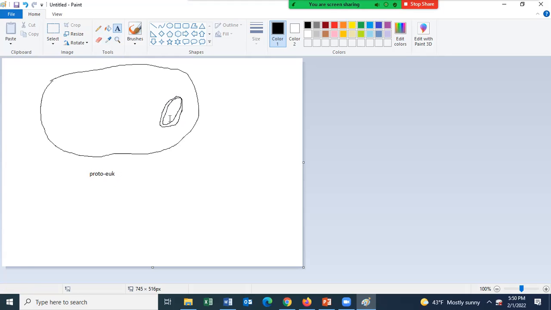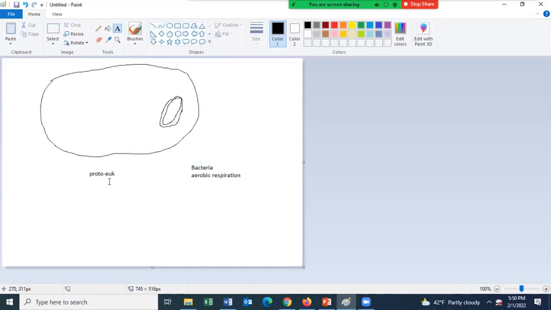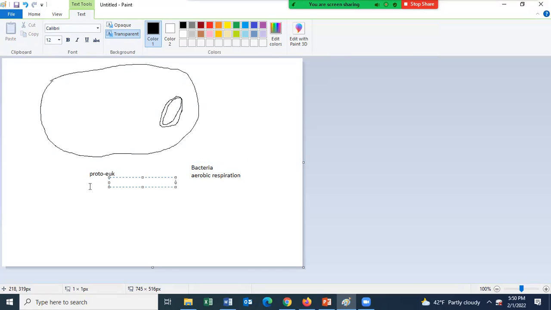Well, the bacteria, let me put that here. The bacteria could perform aerobic respiration. The proto-eukaryote could not. It made its energy by fermentation.